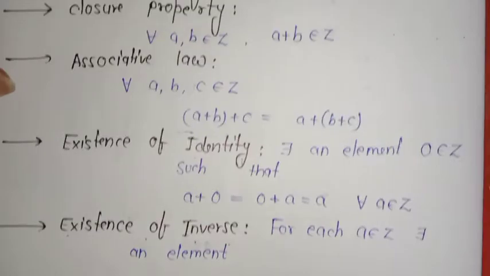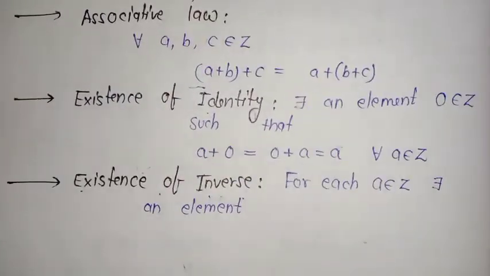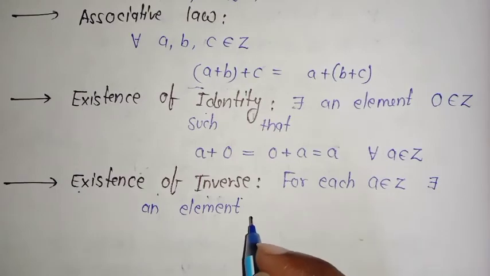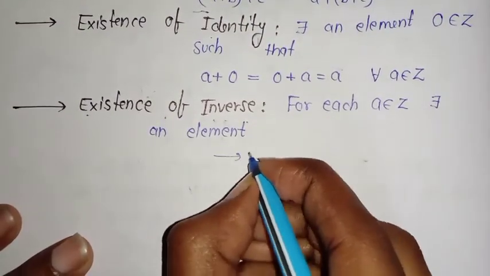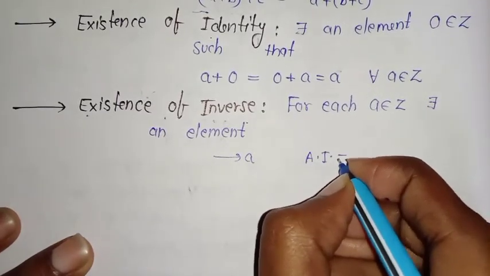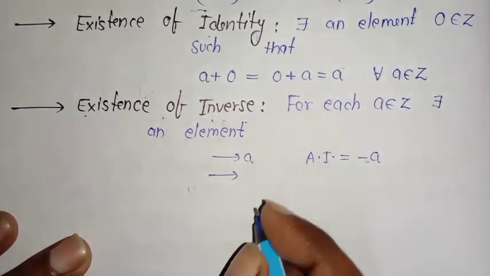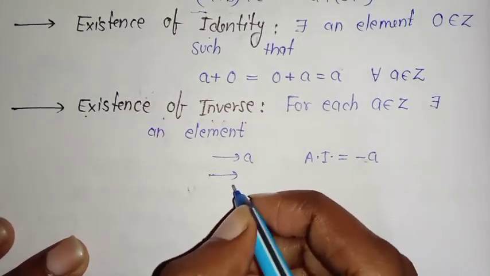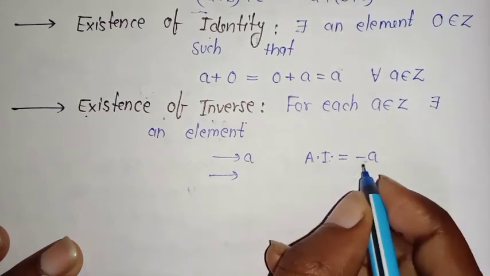Since we are taking plus as the binary operation, we have to take the additive inverse here. And I want to tell you what is additive inverse. If a is some element, in that case the additive inverse is equal to minus a, since we all know about it. So if a is an element and you want to find the additive inverse, then that is minus a.